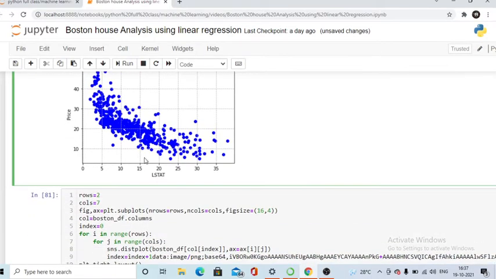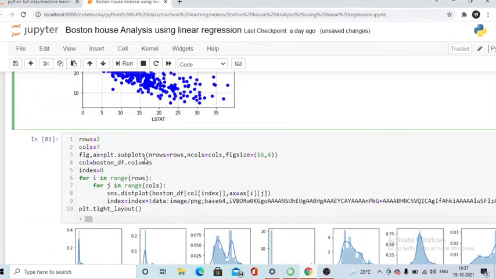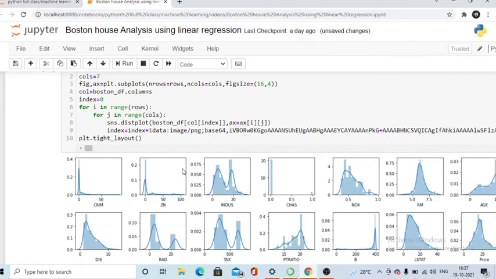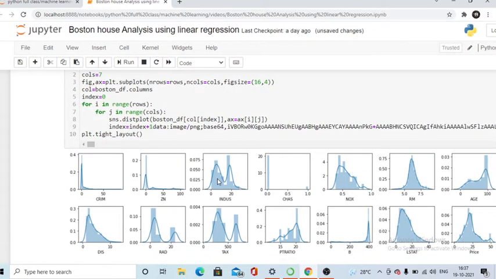LSTAT. And then after LSTAT, what we have done is we simply visualize the distribution of the price and all the columns, all the features.